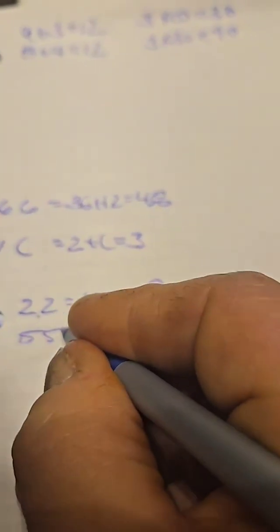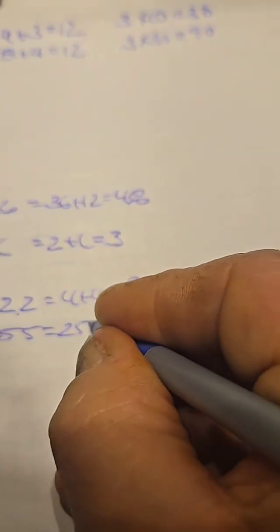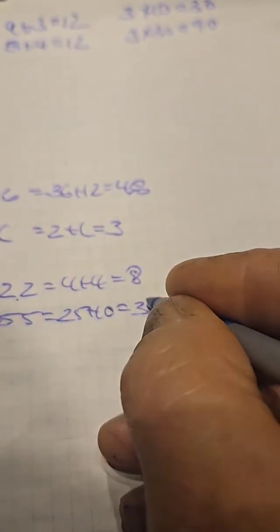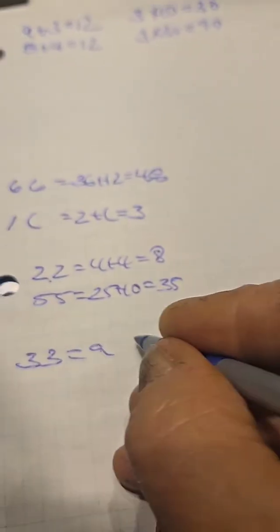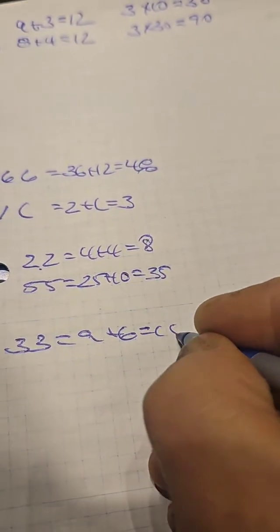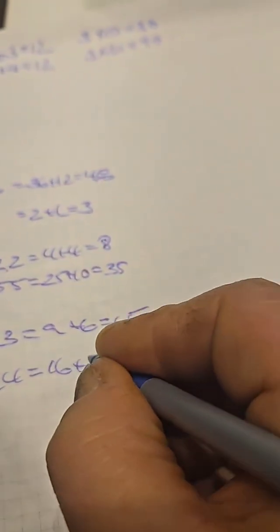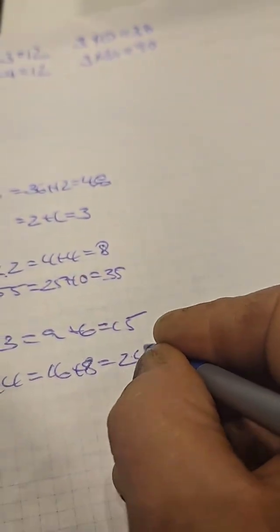Then 5 and 5 equals 25, and 10 equals 35. Then 3 and 3 equals 9, and 6 equals 15. Then 4 and 4 equals 16, and 8 equals 24.